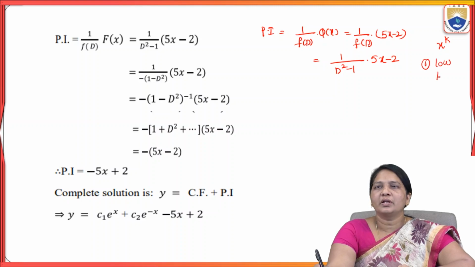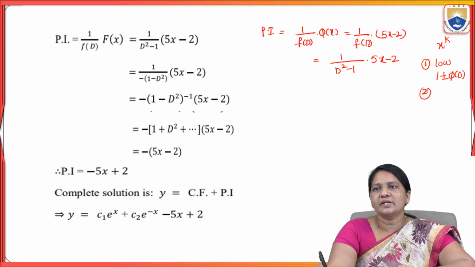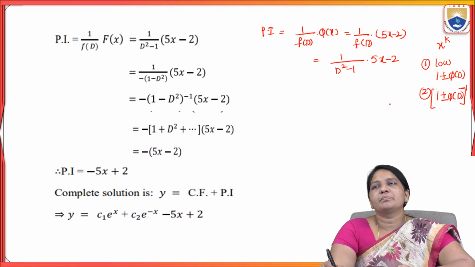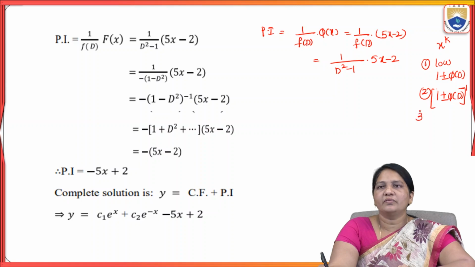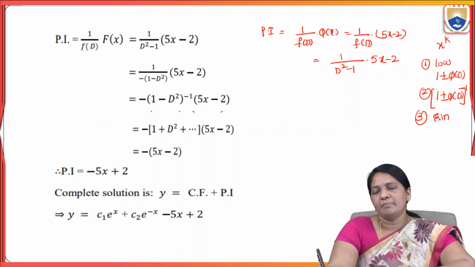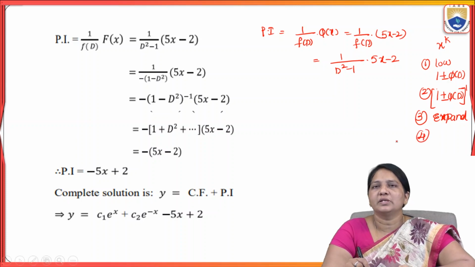Then we can get the form 1 plus or minus phi of D. Second step, we write this in the numerator form, that is, 1 plus or minus phi of D whole inverse. After that, we have to expand this form by using the binomial theorem. Then we can solve the equation.